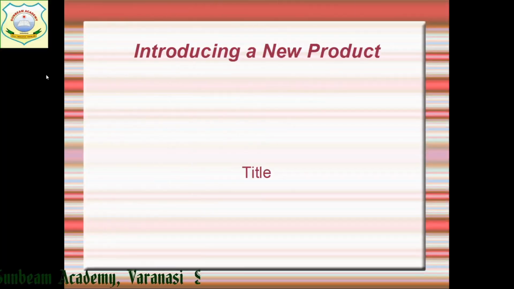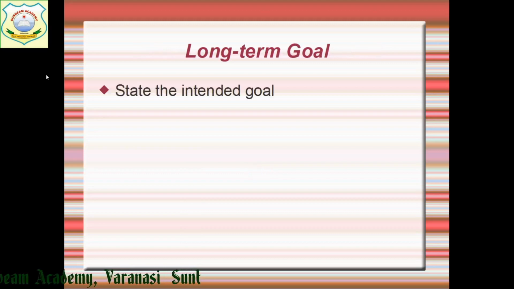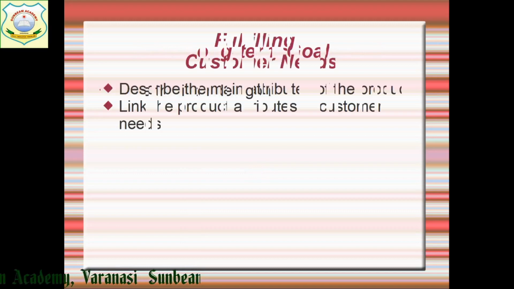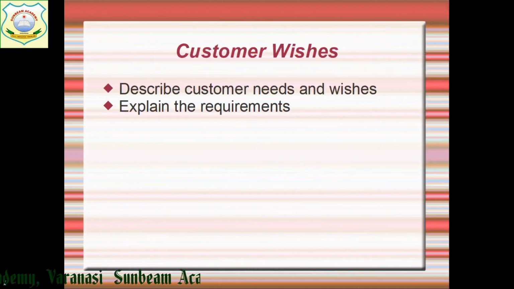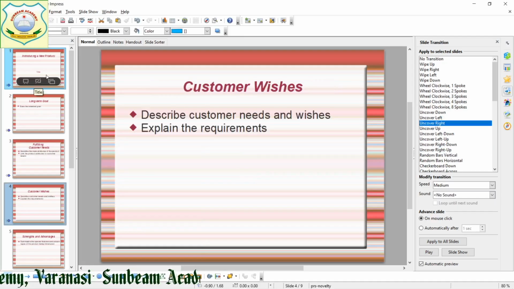Wait, 1, 2, 3, the second slide will come. Then after these 3 seconds, the third one. But next, we have not given the timing, so it is not going to come. We have to use the space key or mouse, then it will come.